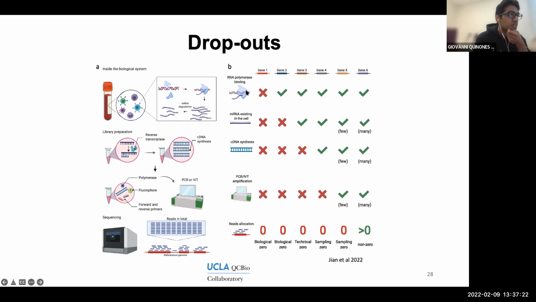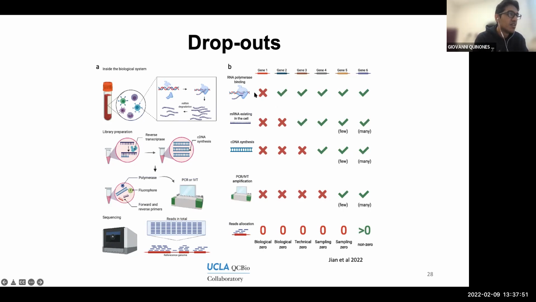The first one they indicate here is the binding of the RNA polymerase. This is a biological zero, a true biological signal, because if this is the reason why we don't get a measurement, then that means the gene was simply not expressed in this particular cell. So this zero will be a biological zero.